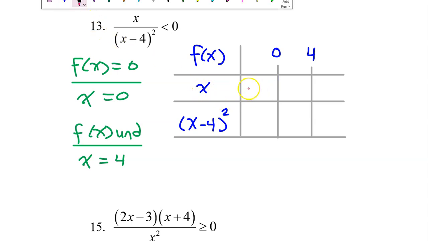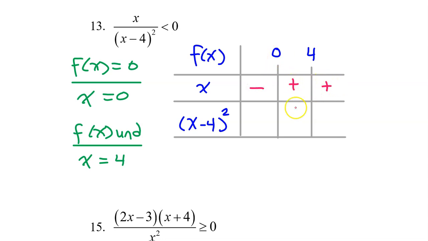X is obviously negative to the left of 0 and positive to the right. X minus 4 squared is positive in every interval, because when you square even a negative number, it becomes positive. F of x will be negative in this first interval because of the odd number of negatives, and it will be positive in the remaining intervals.